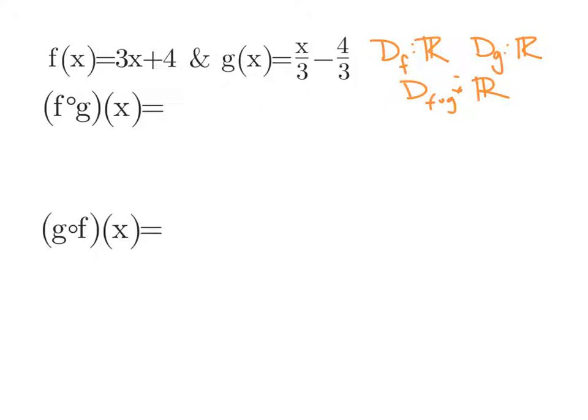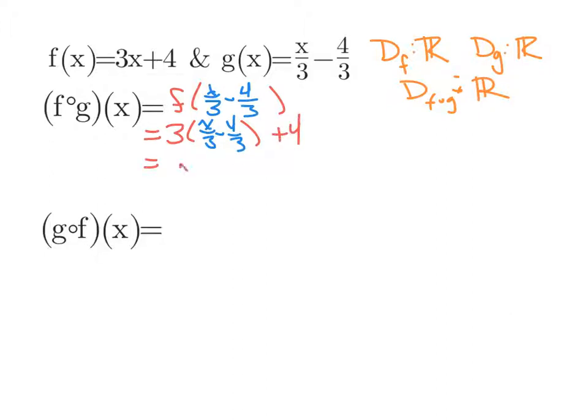Remember that with f of g, I'm going to take f and plug in that x over 3 minus 4/3. That means we'll do 3 times x over 3 minus 4/3, and add 4 to that. Distributing the 3 leaves us with x minus 4 plus 4, and a really nice result of just x.